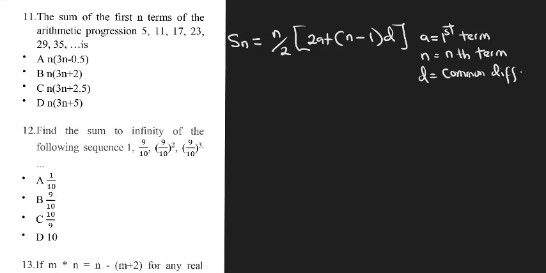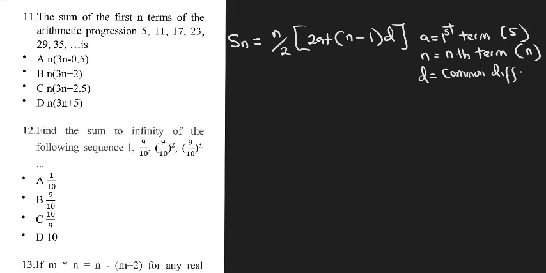So if that's the case, from our question we know that our first term is 5, right? So this place is 5. Then our n term is still n. Can you see? It's still n. We are not given it, so this place is still n, right? Then finally, our common difference: we're going to say 11 minus 5. We simply subtract the first term from the second term.